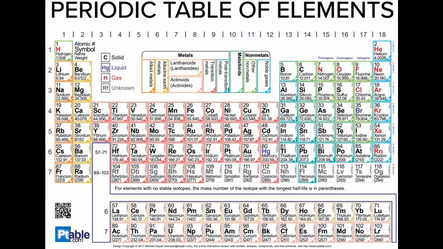If we add another orbit, it'll always be bigger. So as we go down the periodic table, we get bigger atoms. So if you look over here at rubidium, is rubidium bigger or smaller than sodium? Bigger. However, when we go across, we actually get smaller because that force pulls it in closer.